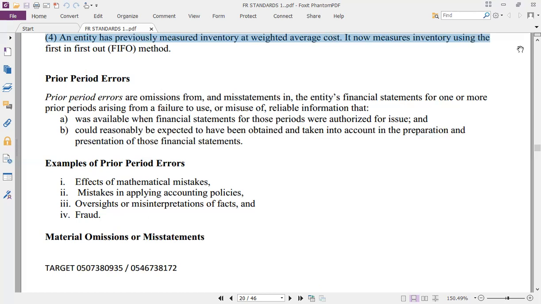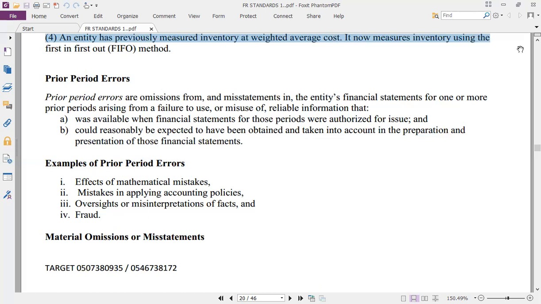Now we know the actual meaning of errors. This one comprises the intentional and the unintentional. Yes, it includes all omissions and misstatements in the entity's financial statements.